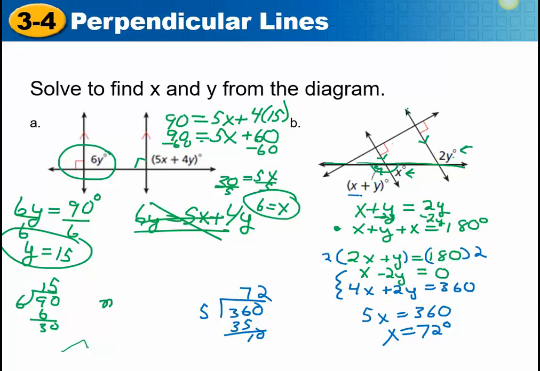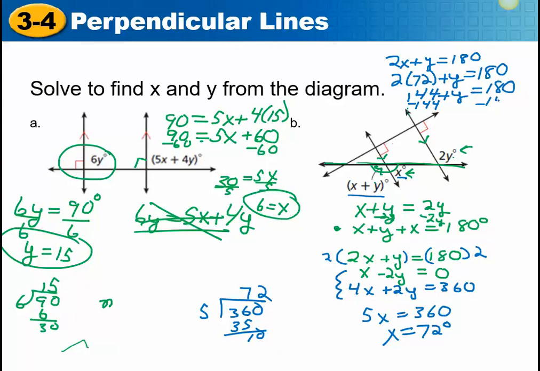It said that x plus y plus x equals 180, and then I combined and got 2x plus y equals 180. But now I know that x is 72. So 2 times 72 would be 144. And then subtract 144 from both sides. So that's 36. So y is equal to 36.